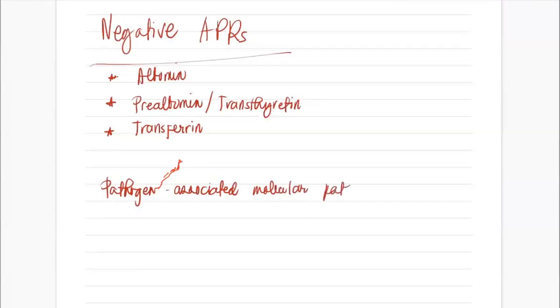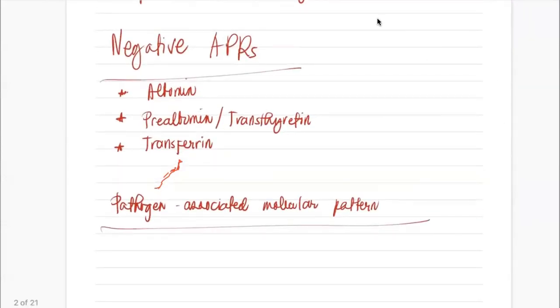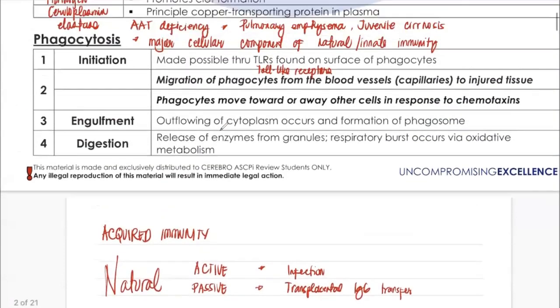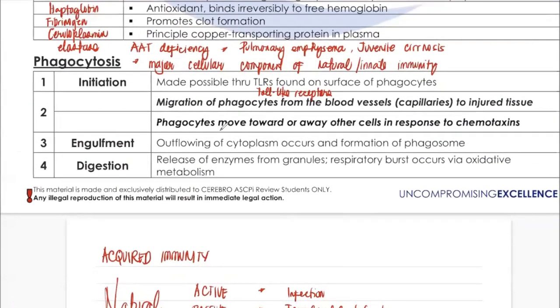Okay, so nare-recognize ito ng ating mga phagocytes, and because of that kumbaga ina-attack nila yung mga pathogens. Okay? So again, through the TLRs, yung mga PAMP are being recognized. Okay, so nai-initiate yung phagocytosis.